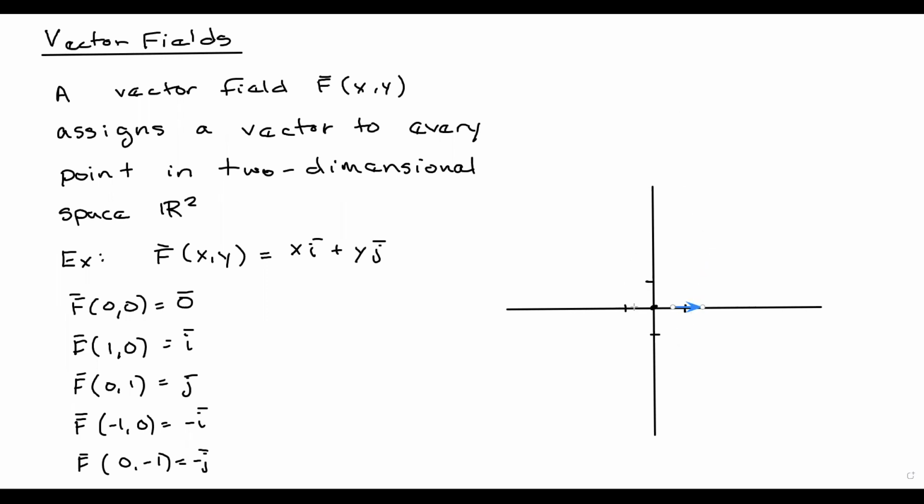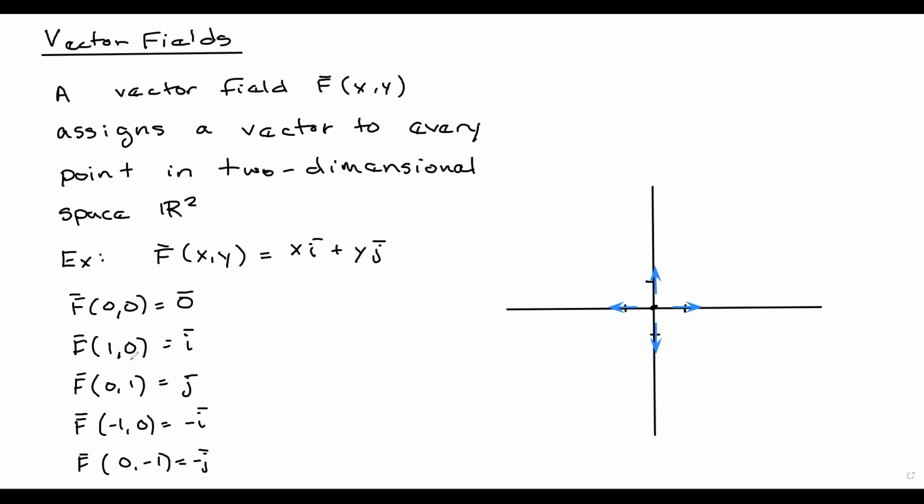Then we do the negative of that, and then vector j, and the negative of that. All right, and we've got the start of our vector field graph.